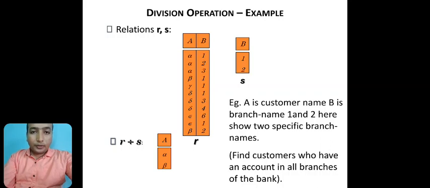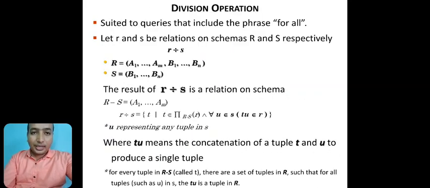Isn't it? So for performing that, what we are using here is we are going to perform R minus S, and we are going to do all the relational algebraic operations like R division S as shown in the table there, as shown in the equation there. Okay.